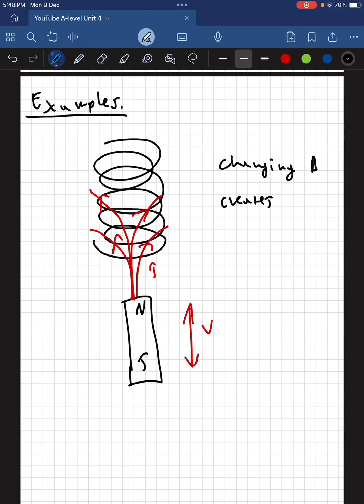creates an EMF in the coil, since the cross-sectional area A of the coil does not change in this case, right?